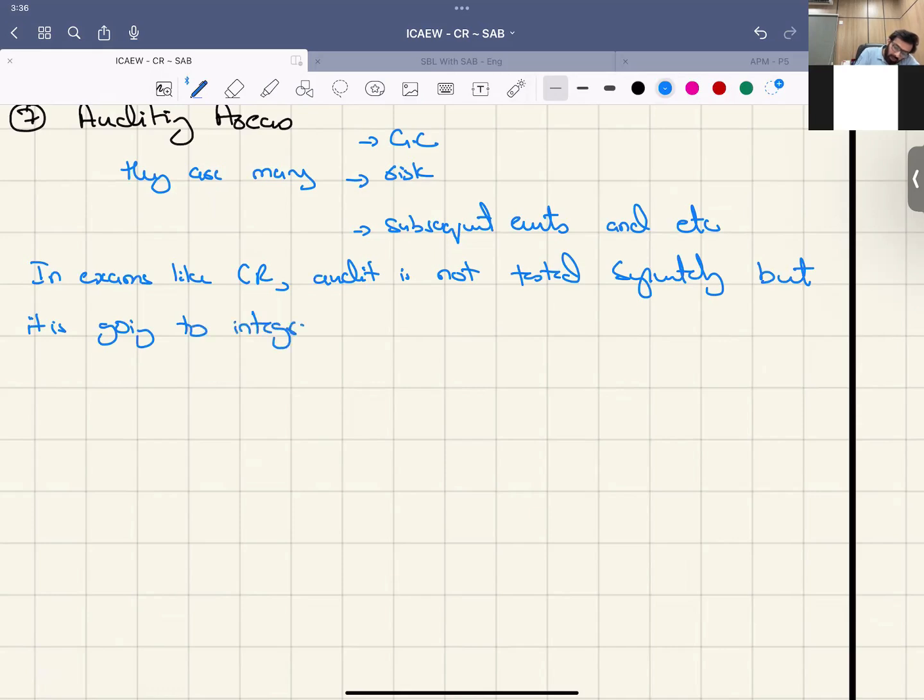It is going to integrate with accounting treatment, and then you have to give auditing things as well.